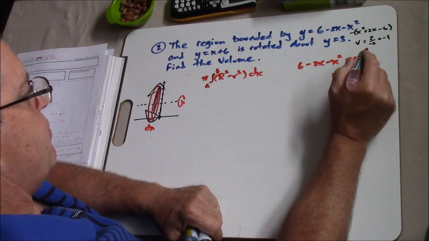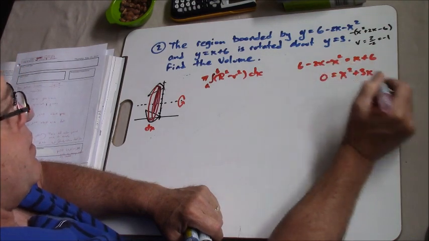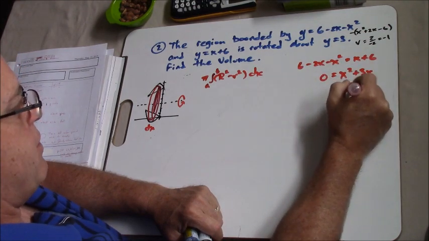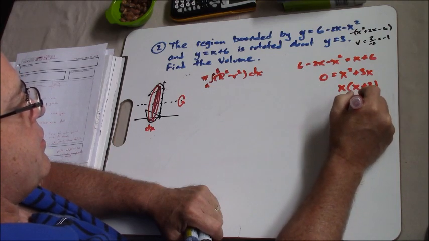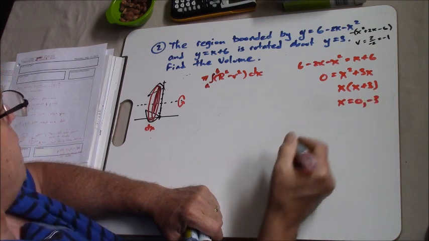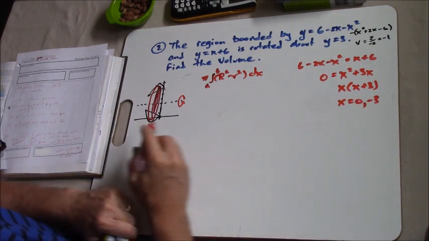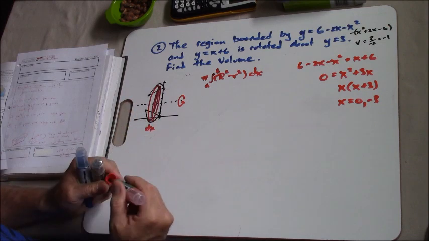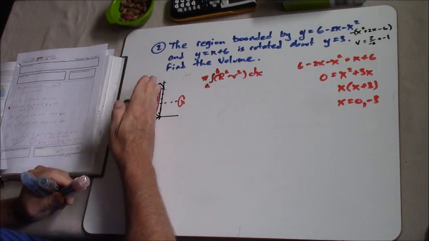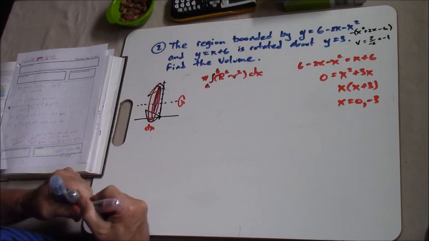When I move this 6 over and subtract, I get 0. So factor out an x, and I get x equals 0 and negative 3. So this integral is going from negative 3 up to 0. That's how the washers stack side by side as you set them down there.